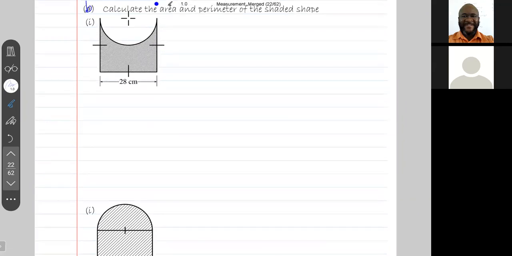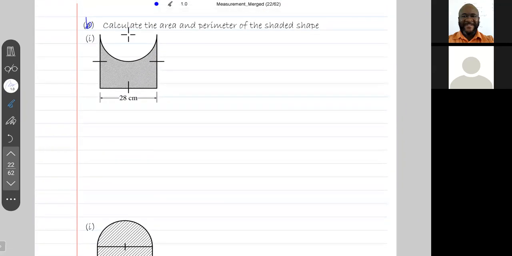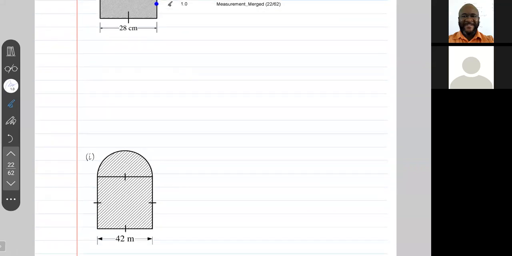For I, a piece of the square has been removed. And for II is what you call a composite shape. A semicircle was added to a square.